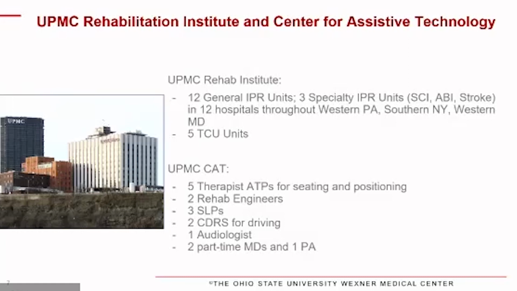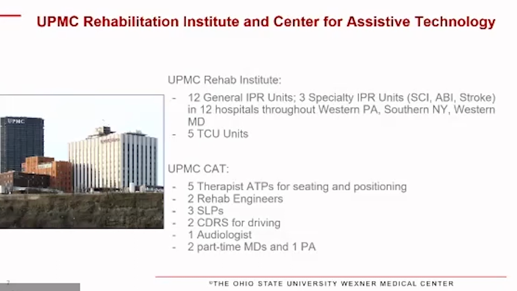It also captures CAT, or Center for Assistive Technology, which is where Vinny is. I'm there a little bit, and then inpatient a little bit. The Rehab Institute also captures 5 transitional care units and 70-something outpatient units. The moral of the story is it's literally all over the place: all of Western Pennsylvania, some of New York, a little bit of Ohio, West Virginia, and Maryland.